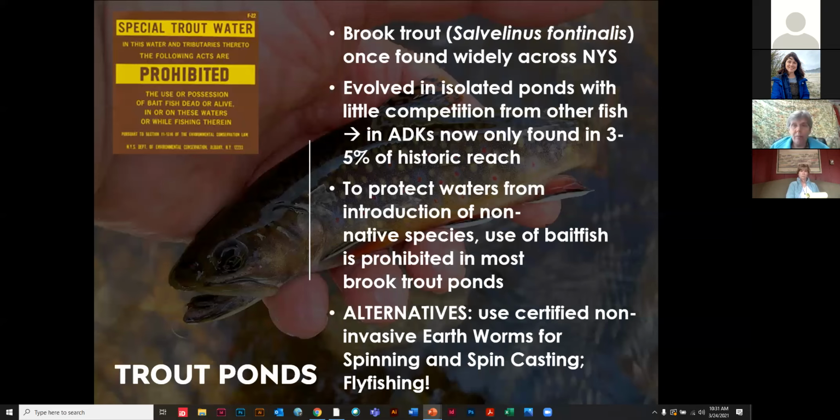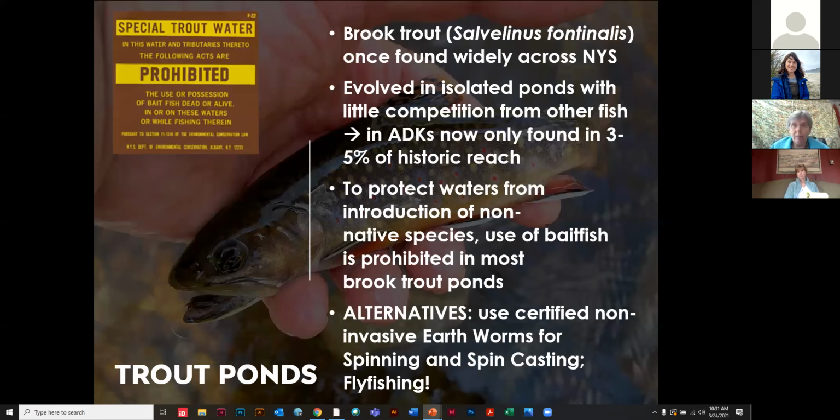And so with evolving over eons without any competition, once there are additional fish introduced to an ecosystem through recreation, you start to have die off. You start to lose a lot of that population because they're really not very competitive guys.